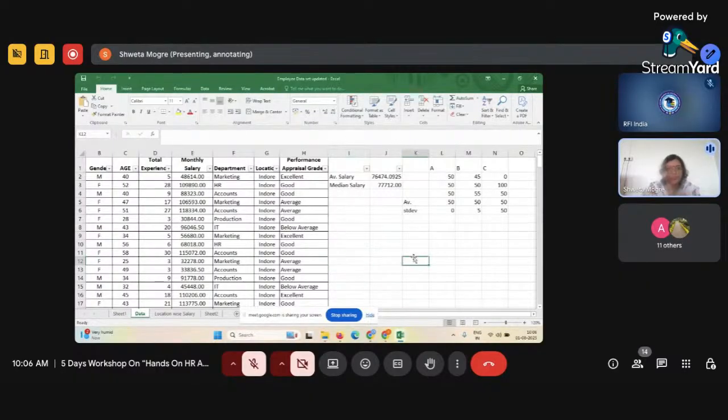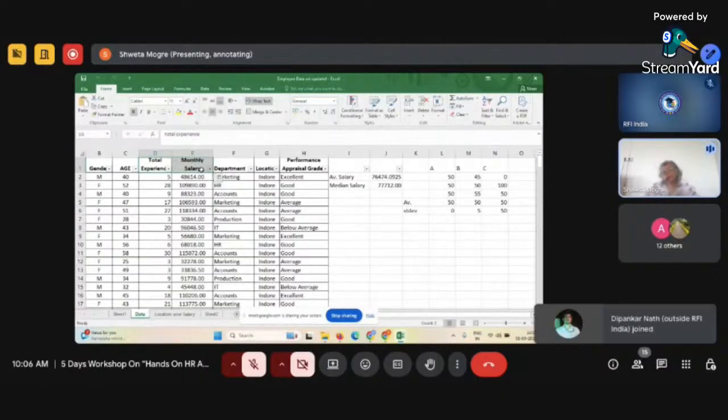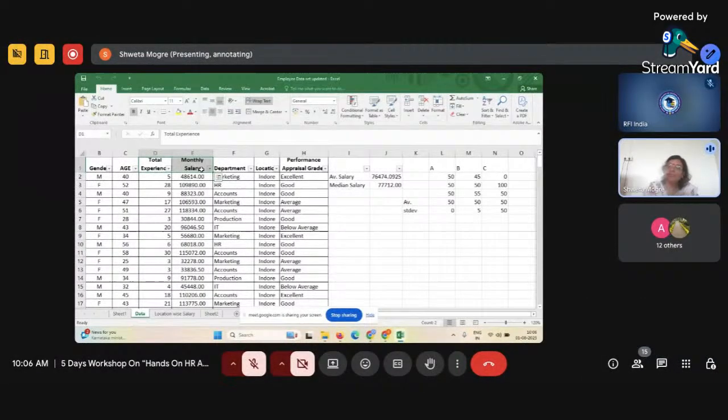Is my screen visible? Yes, ma'am. So I have two variables over here, total experience and monthly salary. One thing you should keep in mind: Excel or any other software is just following your command.